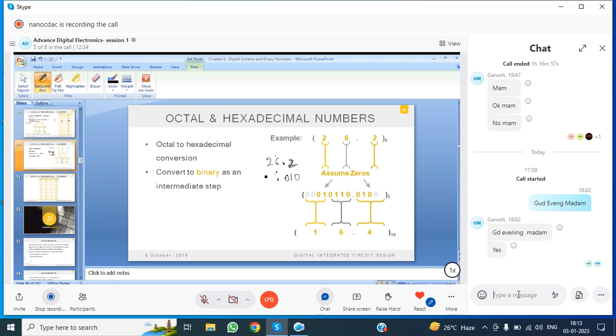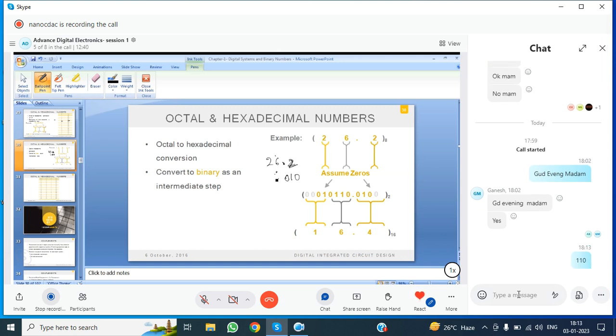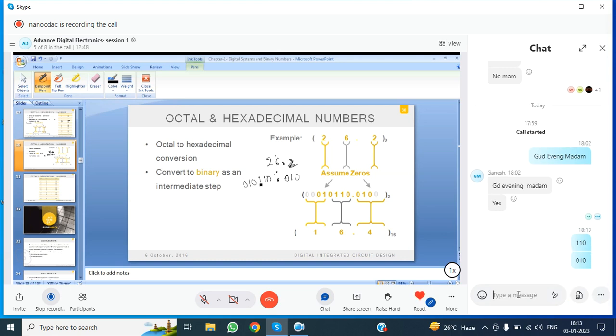What is the octal representation of 6? 1 1 0. The octal representation of 2 is 0 1 0. So this is 2, this is 6, and also this is 2. Now what we have to do is convert into hexadecimal.